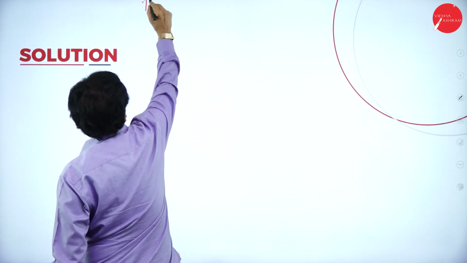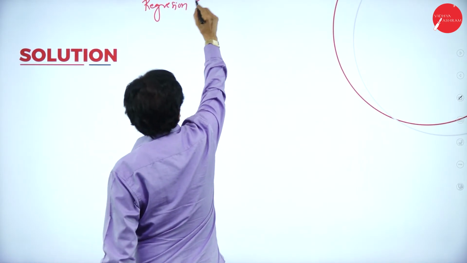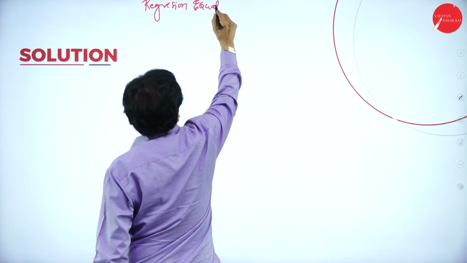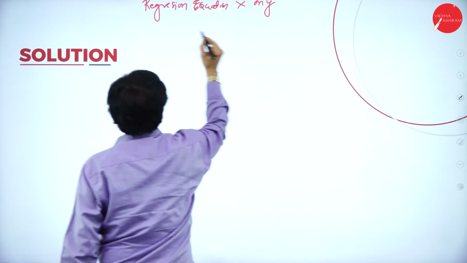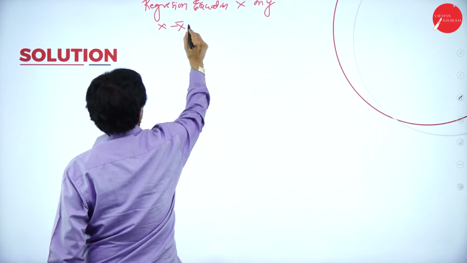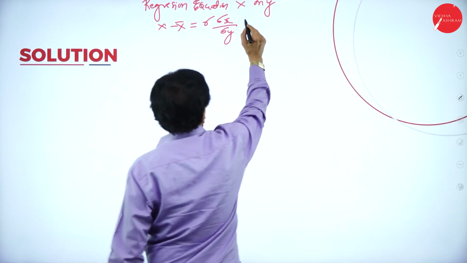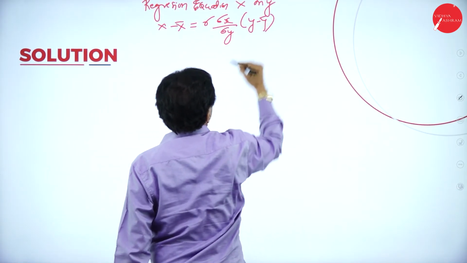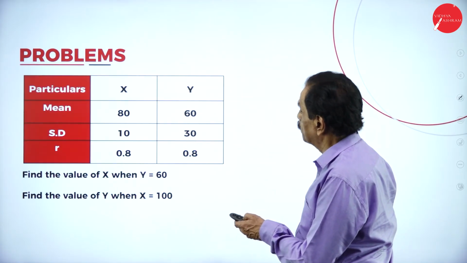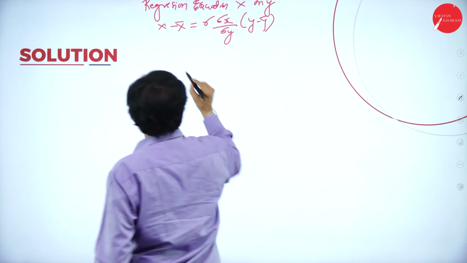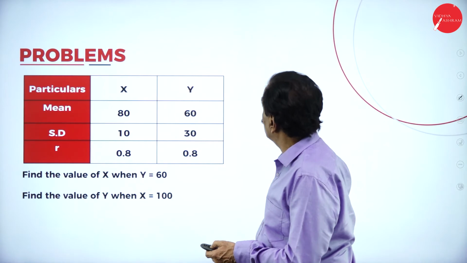Regression equation x on y. X minus x mean equals r into standard deviation x divided by standard deviation y, into y minus y mean. Same formula. Slowly you have to apply. X minus x mean is 80. Your r is 0.8.